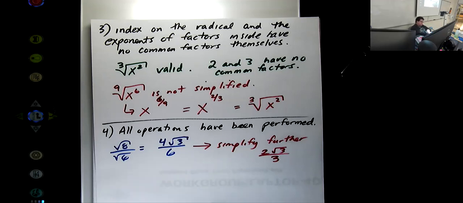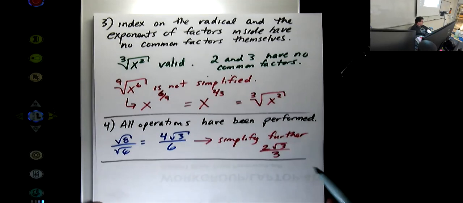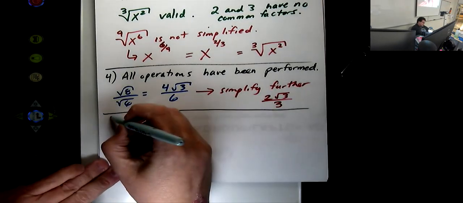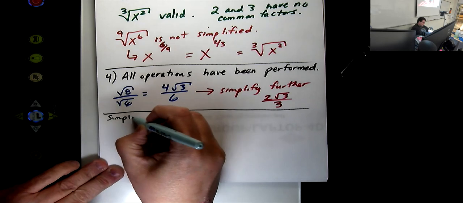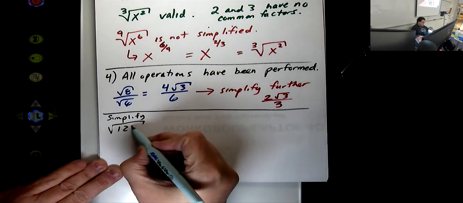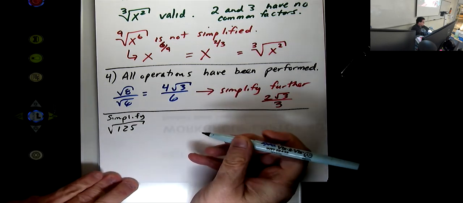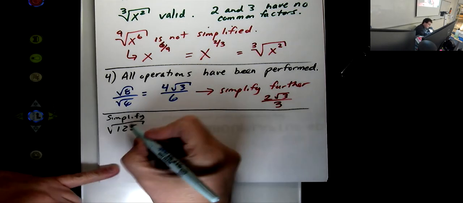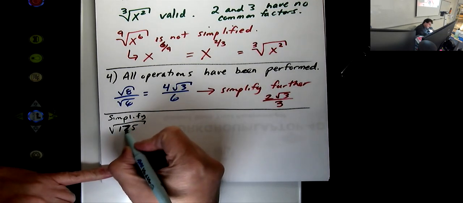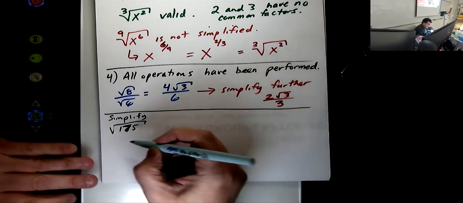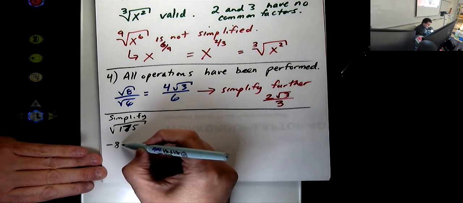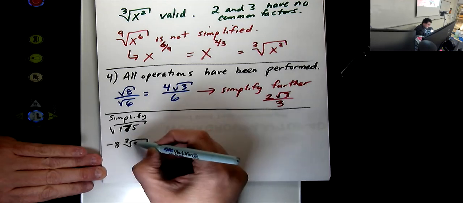I'll give you some examples to do. The rule on all of these is simplify. Simplify the square root of 125. Not 125, 175. I'll do 175. Simplify -8 times the cube root of 125.